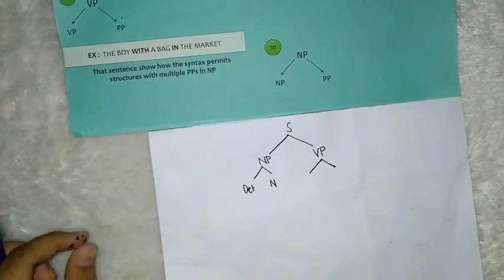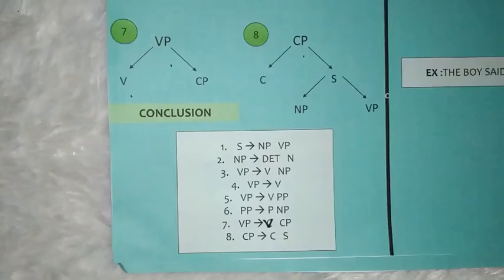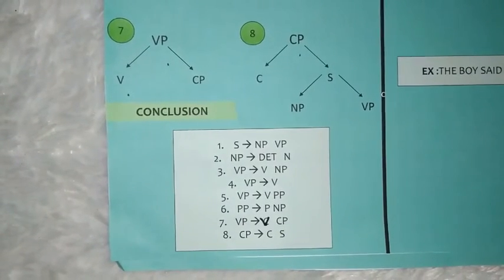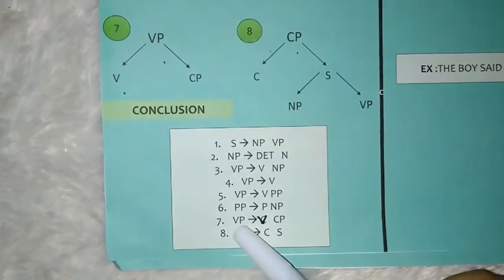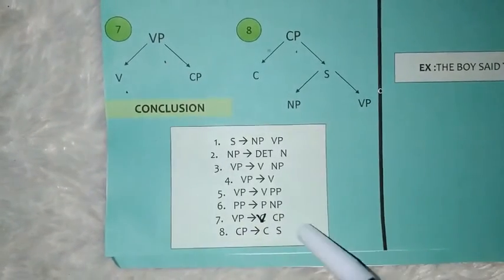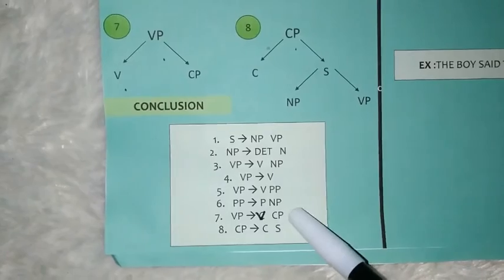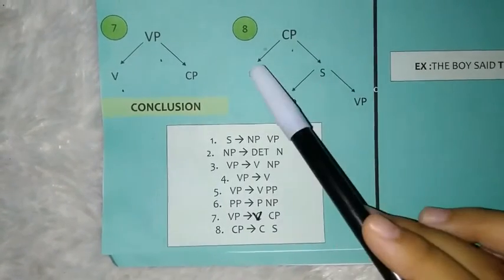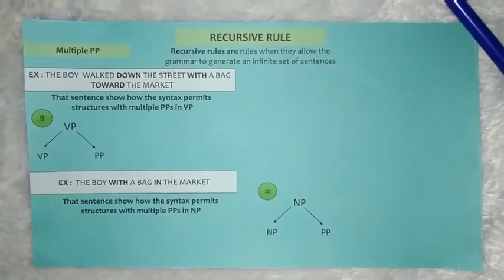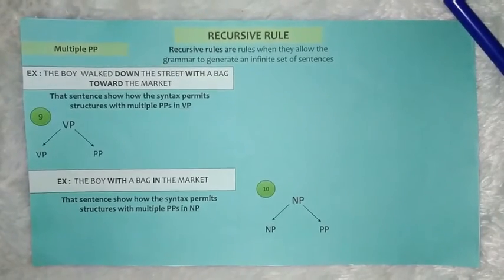I'm sorry guys, I made a typo in here. So verb phrase formula is same like this: verb with a complementizer phrase, which is complementizer phrase is complementizer with a sentence.